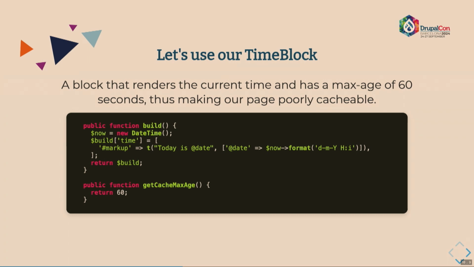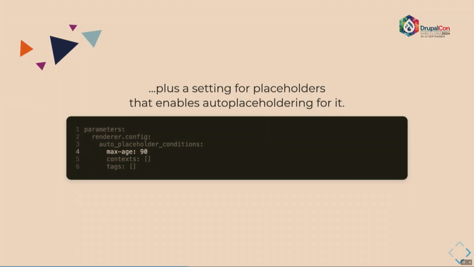So we want this to be placeholdered, okay? Since this is a block, as we said before, our block is already wrapped inside a lazy builder, so the only thing we need to make a placeholder for this block is, for example, to go to the max auto placeholder conditions and raise the max age to, let's say, 90 seconds. So our block is under this. It will get placeholdered.